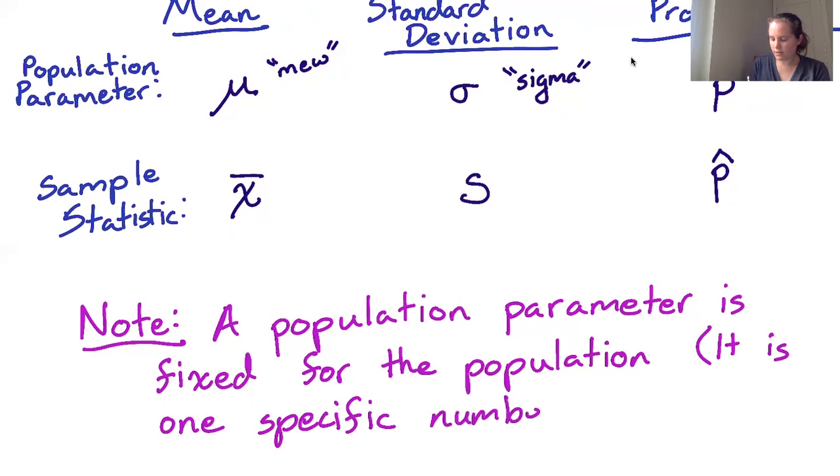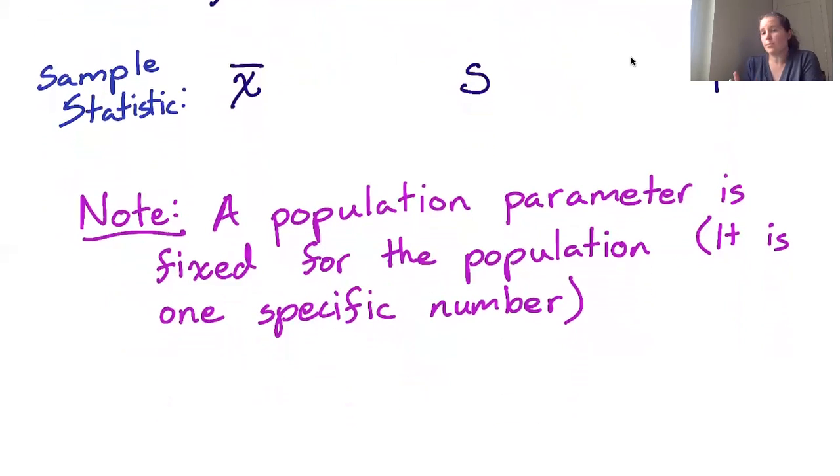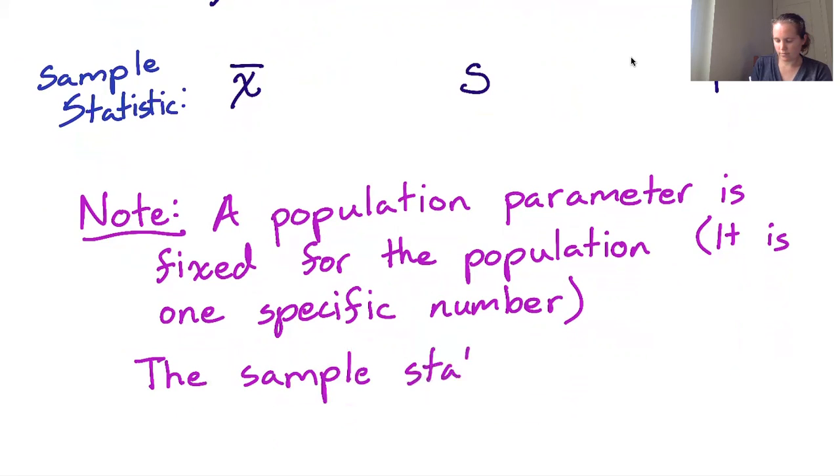On the other hand, a sample statistic is going to depend on the sample you pick. There are thousands of samples we can pick from a population, and each sample might yield a different sample statistic. So the sample statistic depends on the sample we pick.